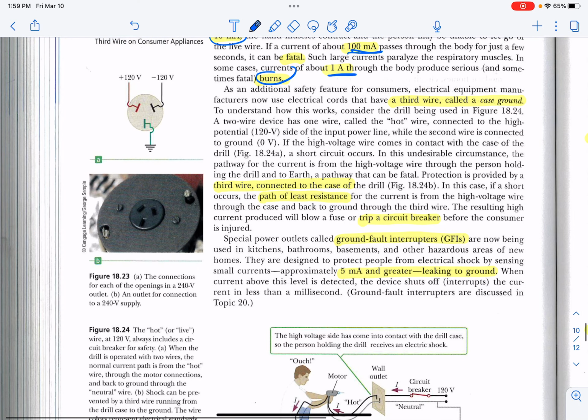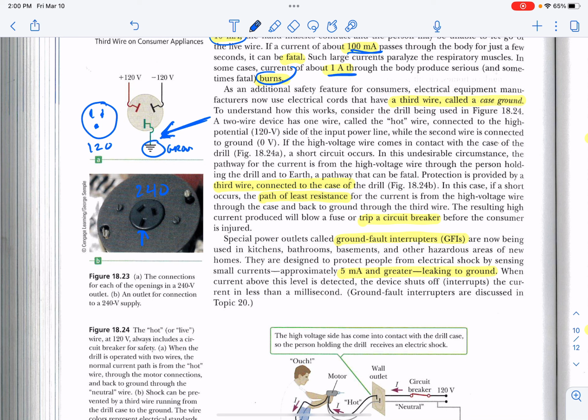Now, modern appliances almost always have a third wire. Sometimes it looks like this, or sometimes you can see it in an outlet. It just looks like this in an outlet. This one would probably be for 240. This one would be for 120. But this extra outlet right there actually ends up going to the ground.